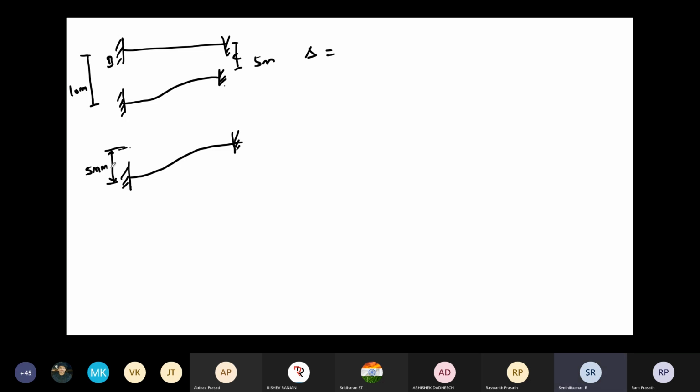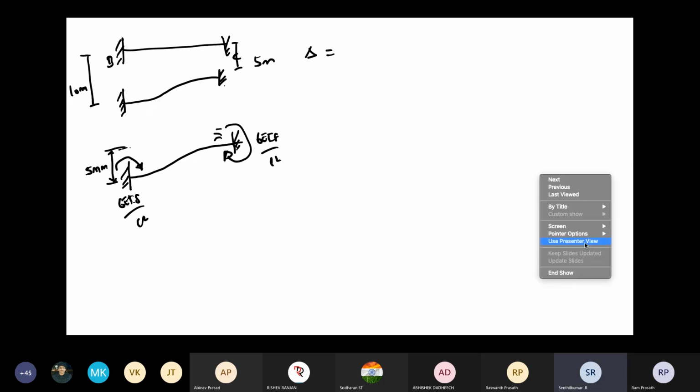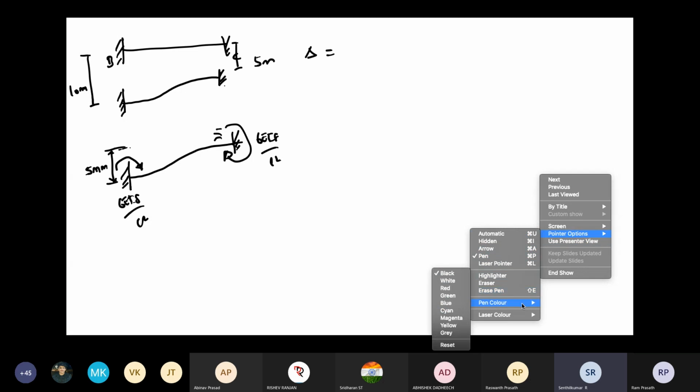So when you do this, BC sinks 5 mm. So what about your value then? This will be 6EI del by L square. Del will be 5, and again here hogging will be there, that is 6EI del by L square.